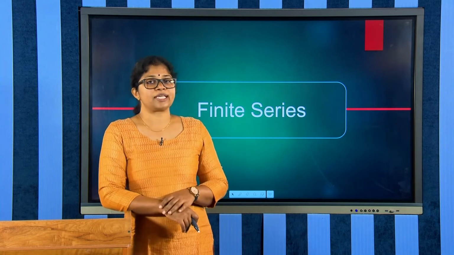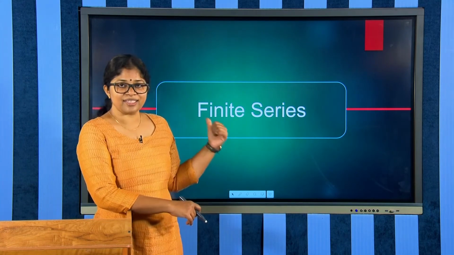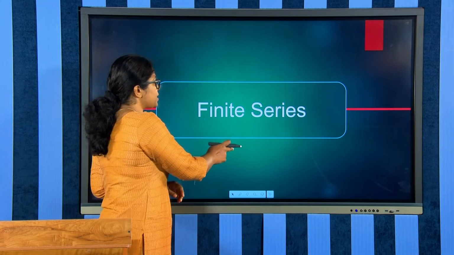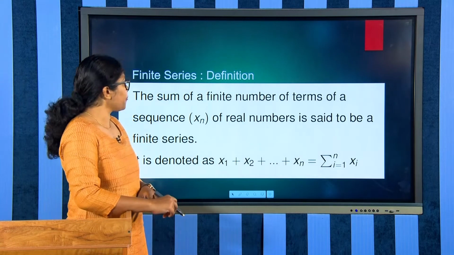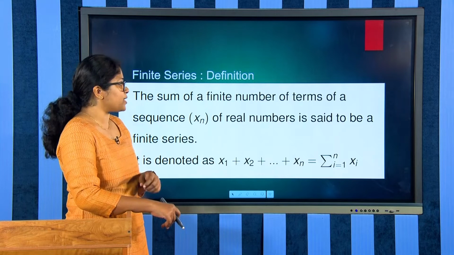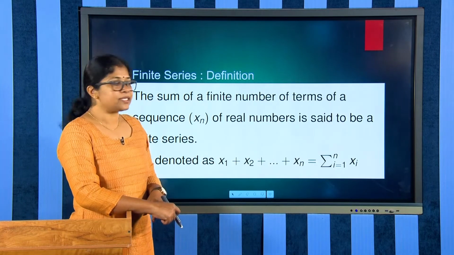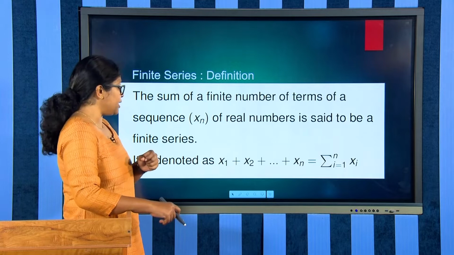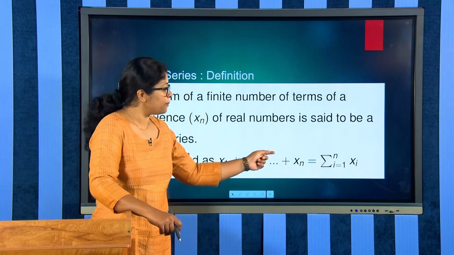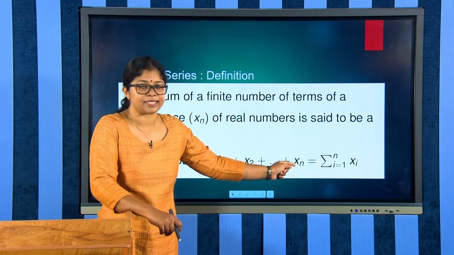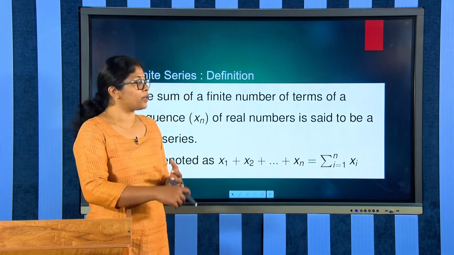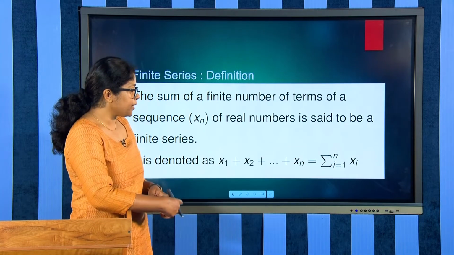So the first section in this series is finite series. The definition is as follows: the sum of a finite number of terms of a sequence xn of real numbers is said to be a finite series, and it is denoted as x1 plus x2 plus x3 plus etc. plus xn, and this is the notation which is used for representing a series.